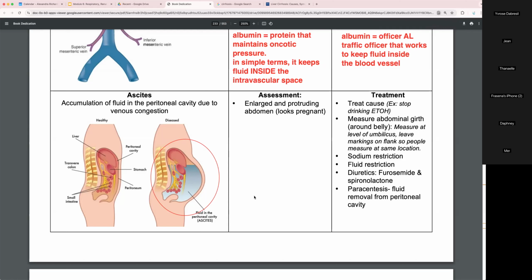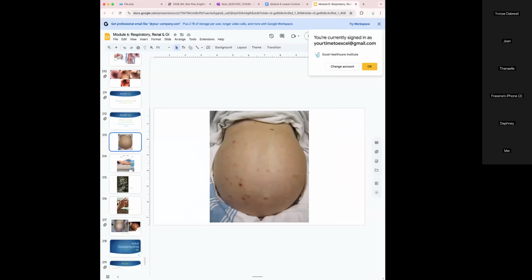So let me show you a picture. And when I show you this picture, I want you to tell me what you think the major issue is going to be for this patient. I want you to think like a nurse, and I want you to think like a nurse who puts safety first. Tell me in the chat, what's going to be the major issue with this patient?